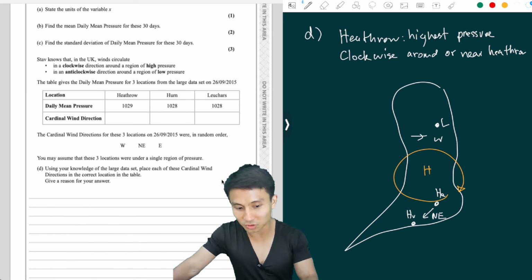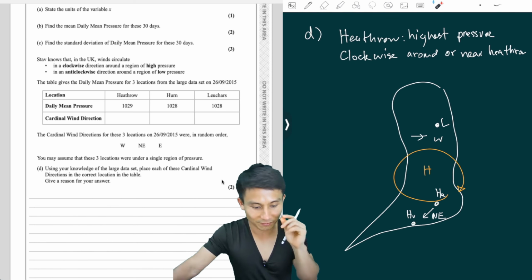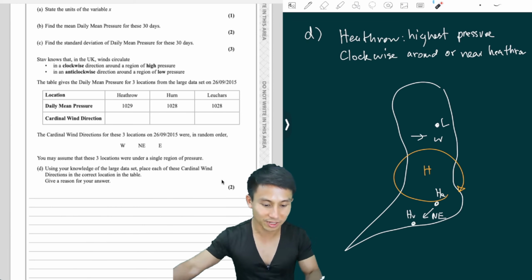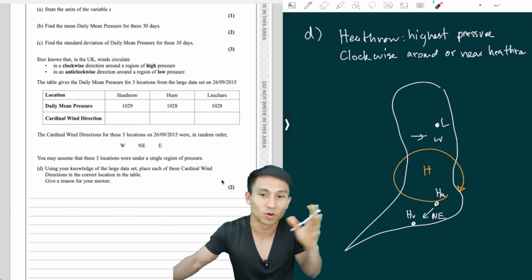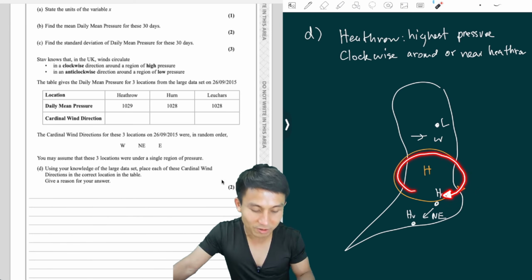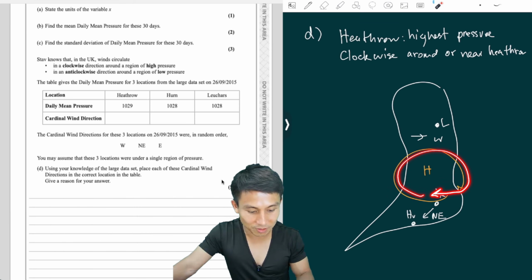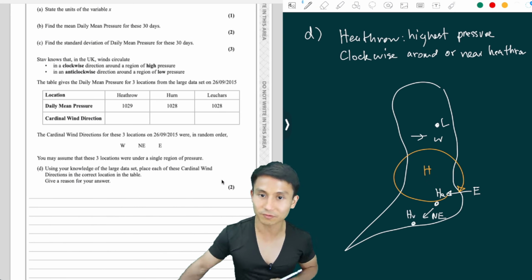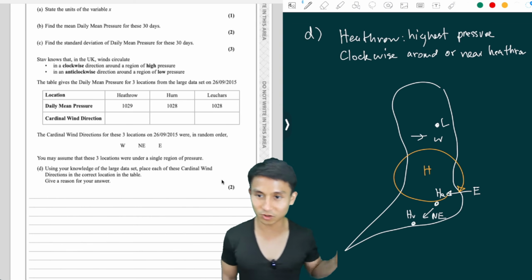That makes sense. The best prediction we can make about the location of this wind origin is probably somewhere to the north of Heathrow. That's why Heathrow will have the wind going from the east, or right to left here. So the wind will be coming from the east, passing Heathrow. So we do east for Heathrow itself, and you've got all the answers.